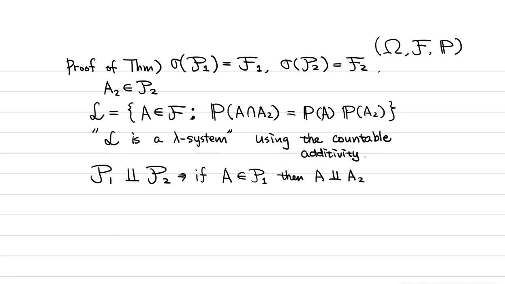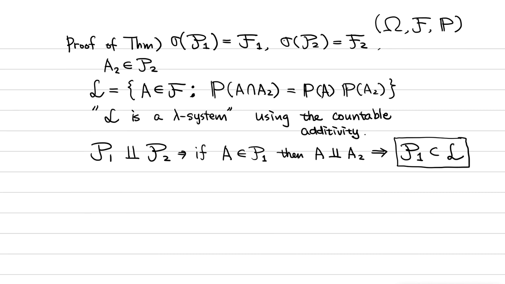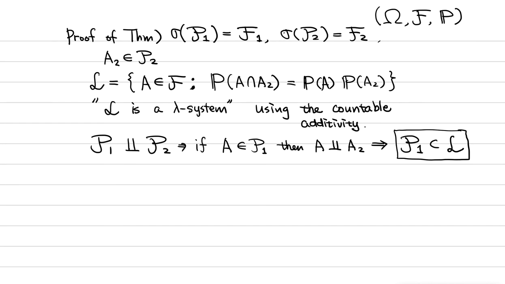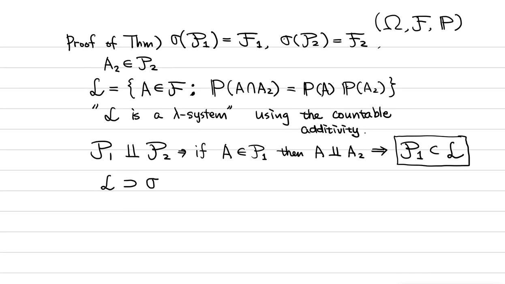And this means that this whole P1 belongs to this curly L. So curly L is indeed containing this pi system P1, and it's a lambda system. Therefore, this curly L must include the smallest sigma algebra that contains P1.